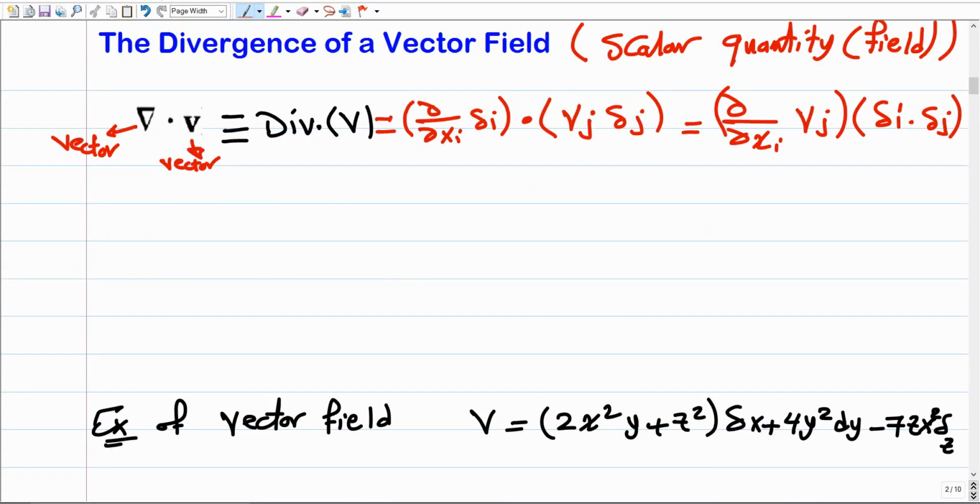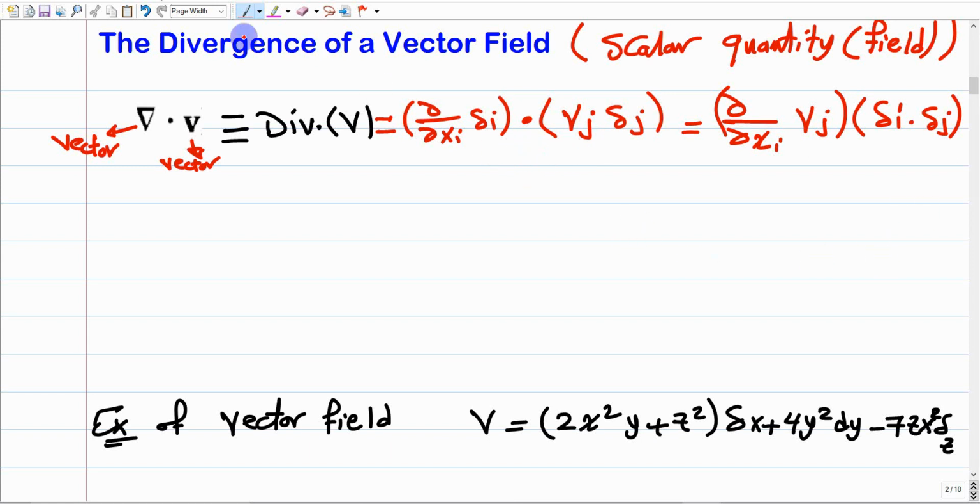So let us continue here. What we did here, we just have the partial by partial x Vj, and we are going to do the dot operation itself over the unit vectors.